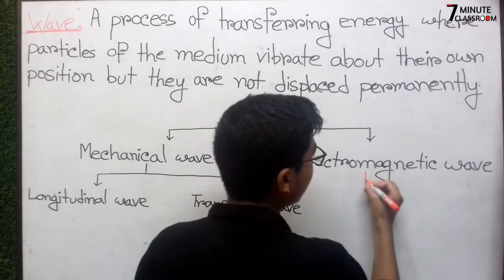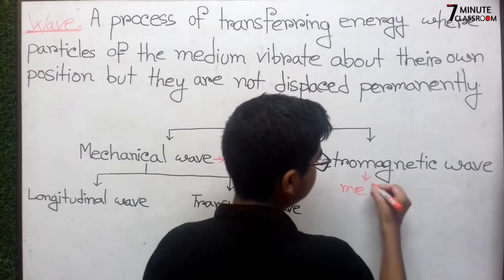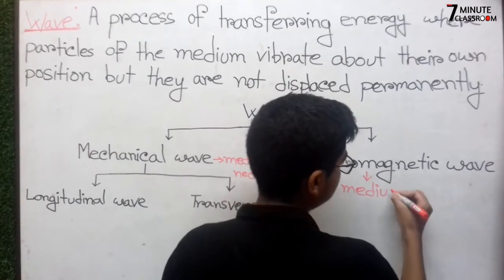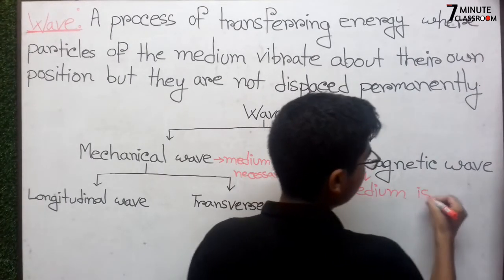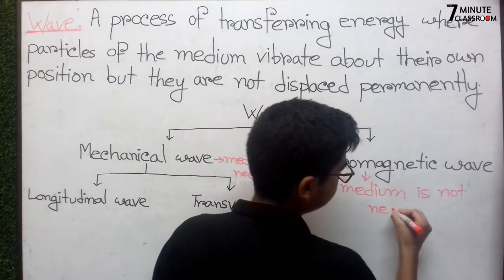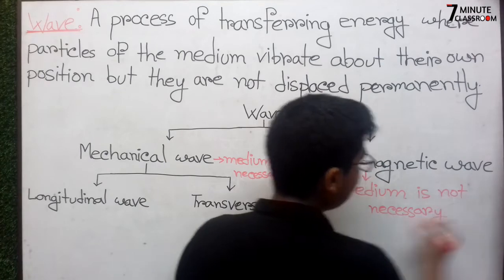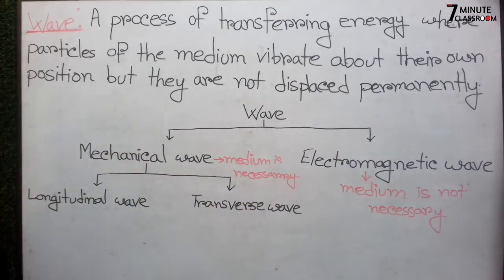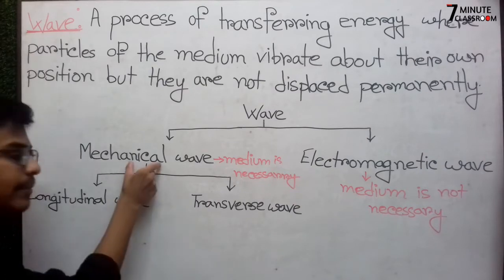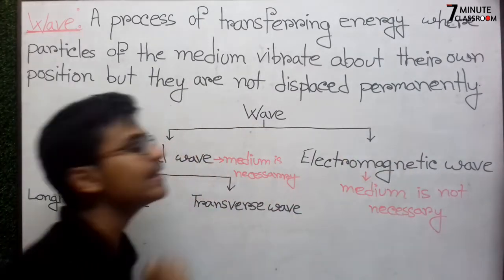That means in an electromagnetic wave no medium is necessary. So I hope you understand. For transferring energy in a wave, if a medium is necessary then that is a mechanical wave, and if no medium is necessary, that is an electromagnetic wave.